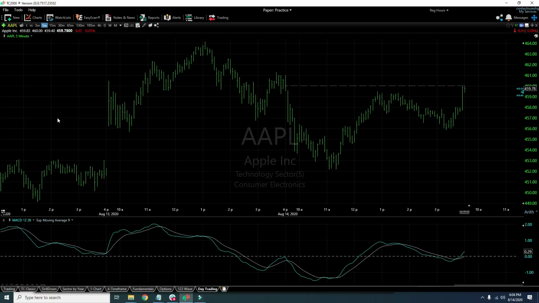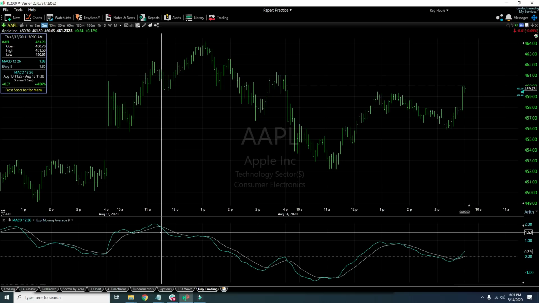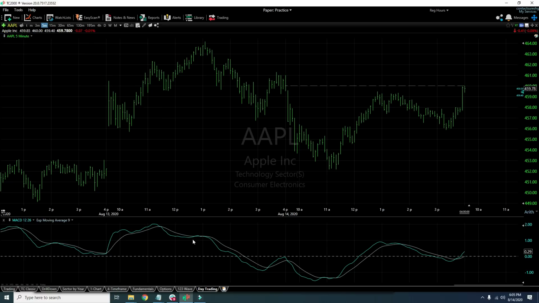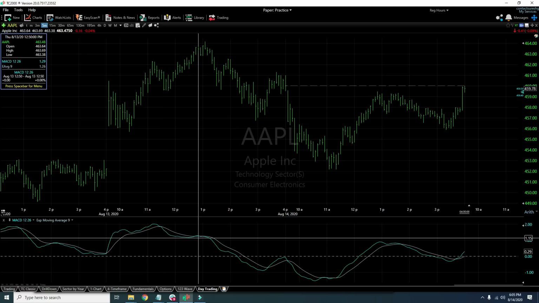If we look at this chart here, this is Apple's 5-minute chart. If you look at it here, the MACD is giving you a signal to go short at 461.23, and it's telling you to cover back at 463.48.